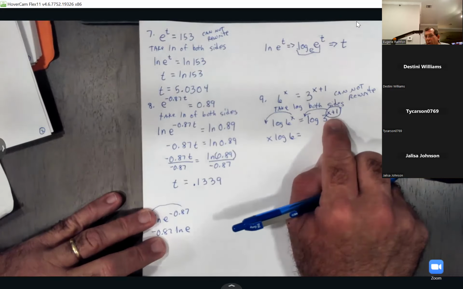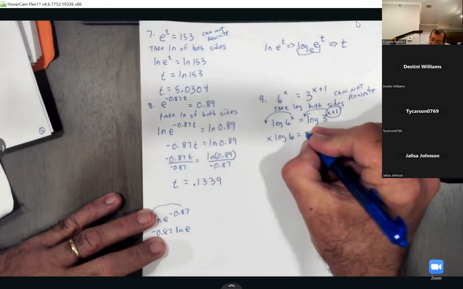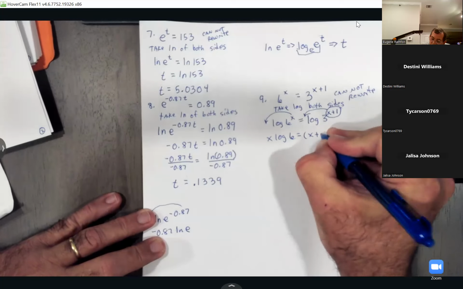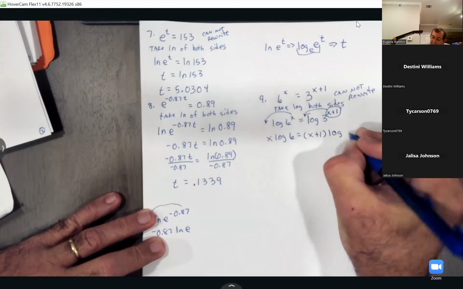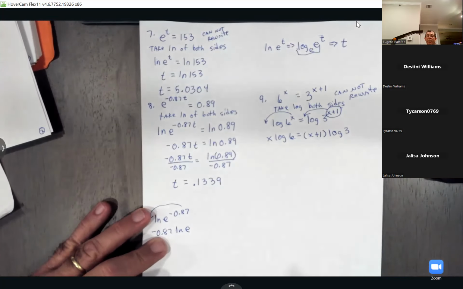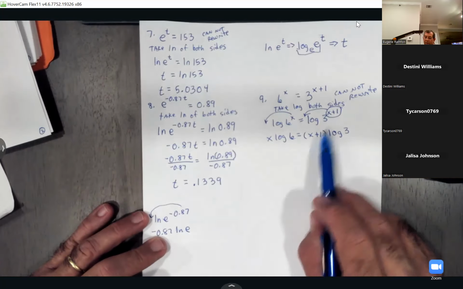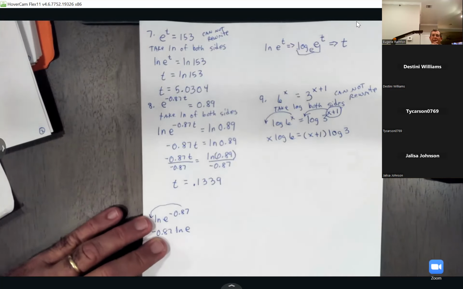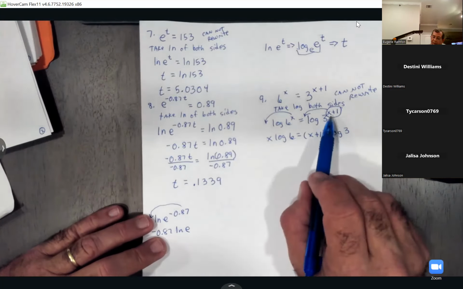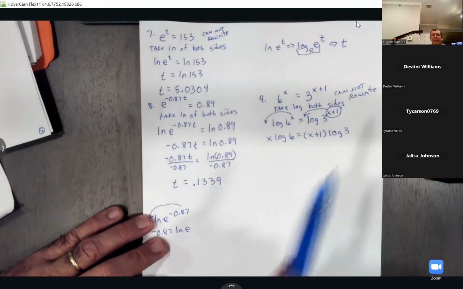Since you got 2 parts to your exponent, you got to put the x plus 1 in parentheses times that log 3. Because remember, both of these are affected by this, okay? So yeah, on number 9, you'll have to put those in parentheses.